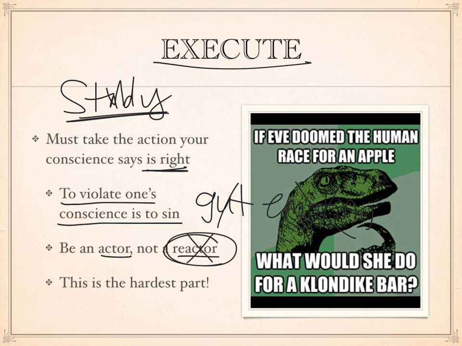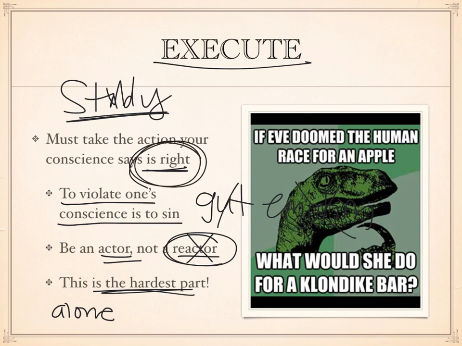You don't want to be a reactor, be an actor. And this is the hardest part. Because again, remember, deep down inside, when we define conscience, that's where you're alone with God. You can lie to everyone else, even yourself, but you can't lie to God. You know what's right, and now it's time to execute and to do it.